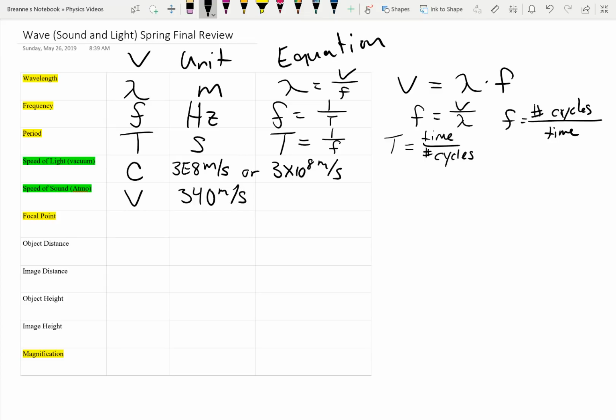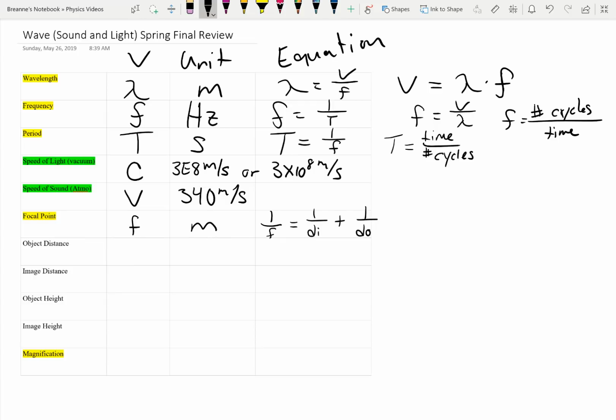Focal point or focal length is represented just with a small f, no fancy little curves. It is measured in meters, and the equation for that is 1 over f, your focal point, equals 1 over di plus 1 over do. Di is your image distance.